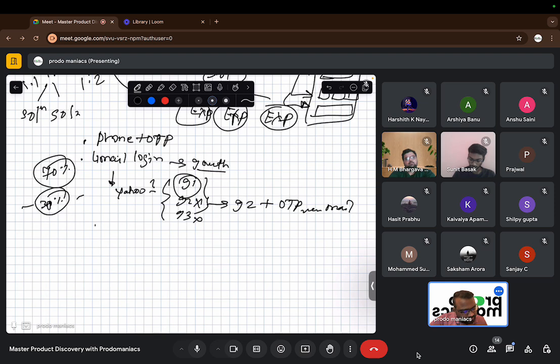Then we said, okay, let's see if the assumptions and what customers are actually saying are true. We gave the GAuth option to the customer, and we said if you need help, you can verify with email also, just a hyperlink there.